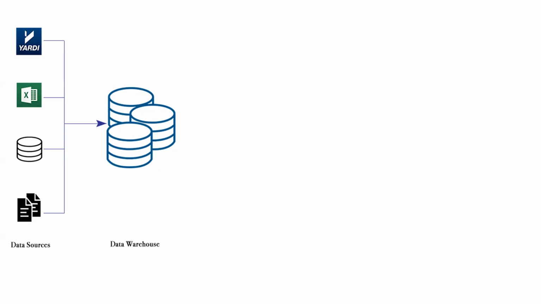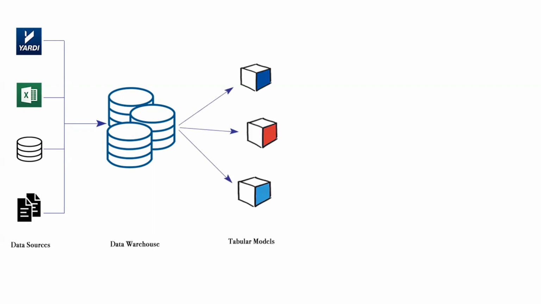We will have the facts, the dimensions, and the relationships. For now, you could have a very high level understanding that we have the different data sources, we are collecting the data, and then we are putting it into a warehouse. This is the same as any warehouse would do: they collect all their inventory and store it in a warehouse.